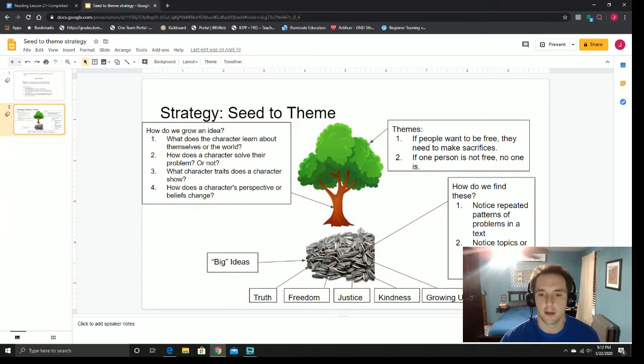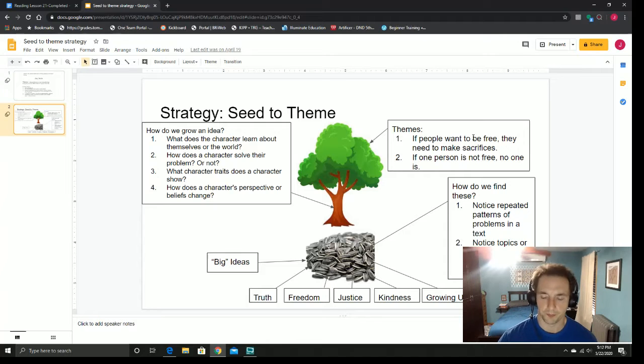We know basically that anytime we're trying to find a theme, we can find these big ideas, these topics, and that's what we're going to start with today and focus on, noticing repeated patterns or problems in a text. Things that we can see repeated over and over again. And when we find those ideas, then we can start to notice what a character does or how they solve their problem to grow that idea into a full theme.